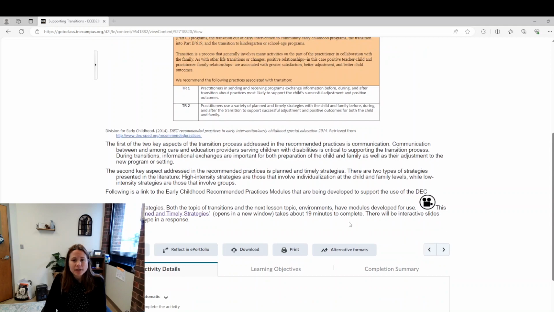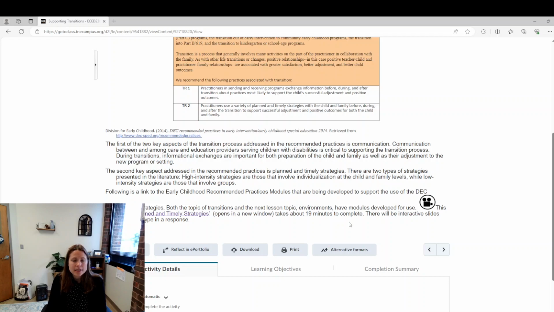The first aspect is communication between you and other education providers. This is critical to supporting this process of transition. Information has to be exchanged not only between you and the child and their family, but also with the new practitioners or the new setting the child is going into.